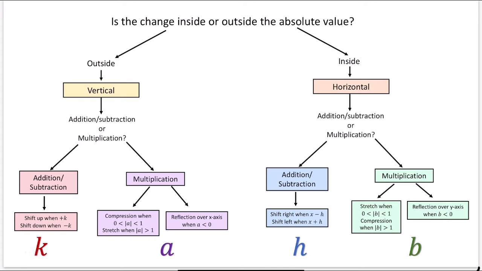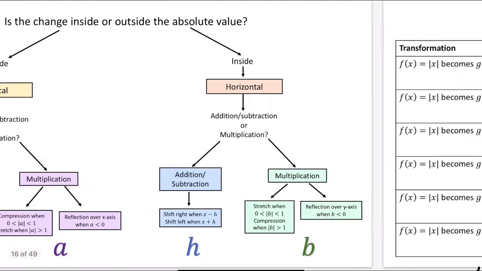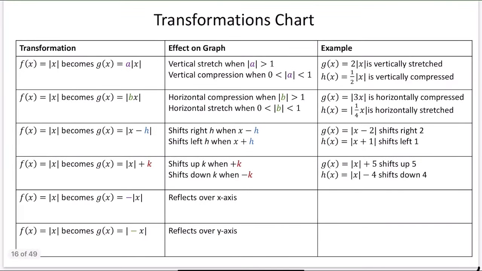You basically look at where the number is located in your absolute value function, and then you figure out if it's going to be a vertical or a horizontal change, and then what type of change it's going to be based on if it's adding or multiplying in your problem. Okay, so we'll look at this in more detail when we work through some examples. And then you also have this chart right here that shows you different types of transformations, and it gives you some examples over here also. So use whichever form of the study guide makes the most sense to you.